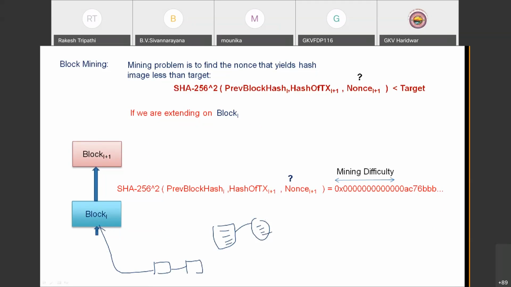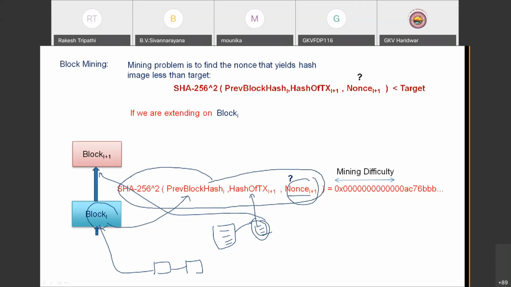Now he can add a block to this blockchain only if he is able to find a nonce such that the hash of the previous block and all transaction hashes, plus the nonce, gives a value that starts with this many 0s, or that is less than this target.